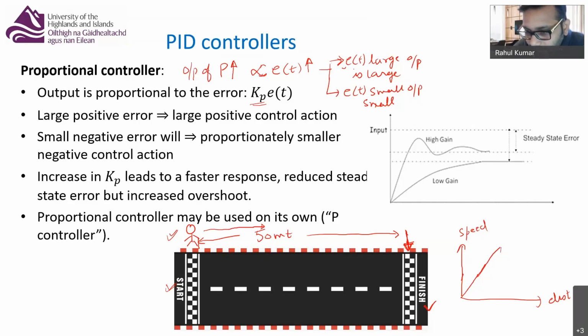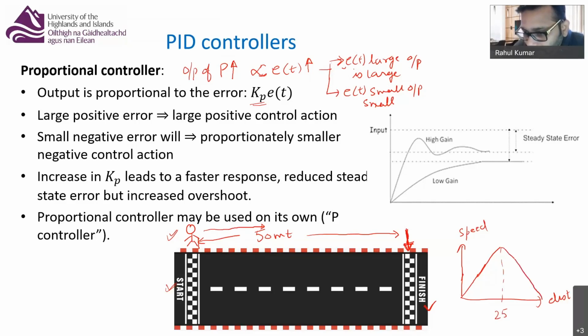Now after crossing the midpoint, 25 meters, the person has to stop exactly at the finish point, so the speed should start reducing, isn't it?